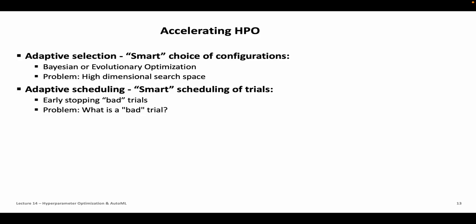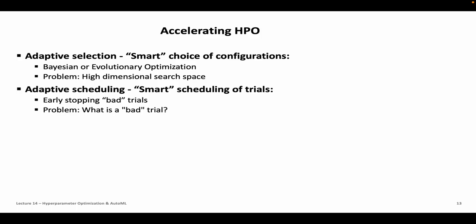The main problem here, which I've already mentioned earlier, is that usually our search space is very high dimensional, and this can make it hard for some of these methods to work in these very high dimensional search spaces. The other option, which we will focus on mostly here today, is to perform adaptive scheduling of your trials.